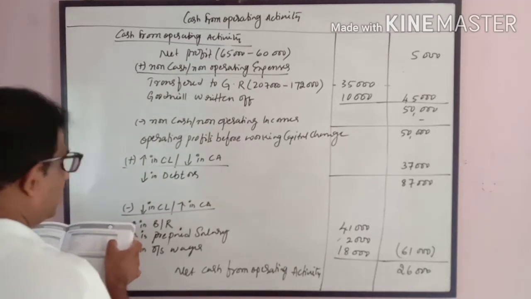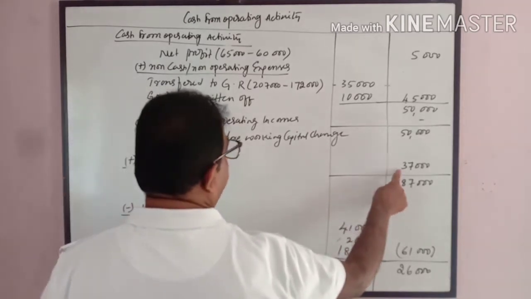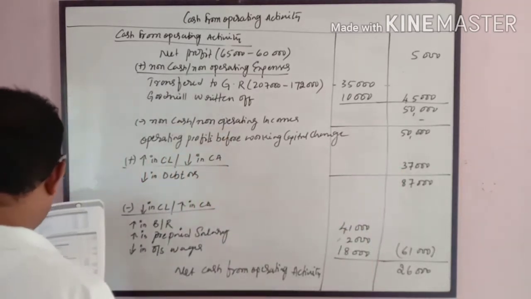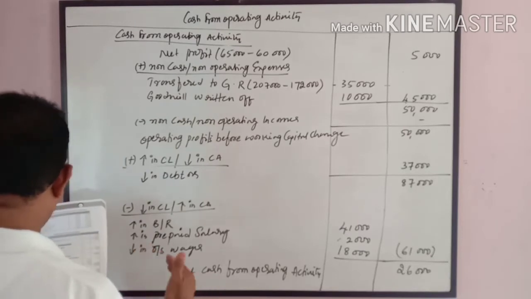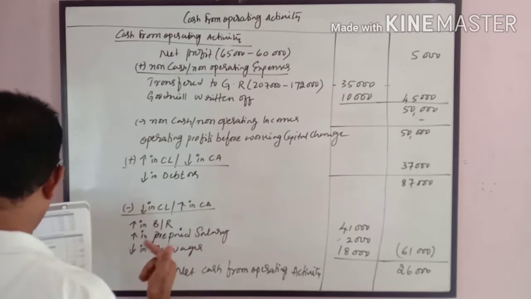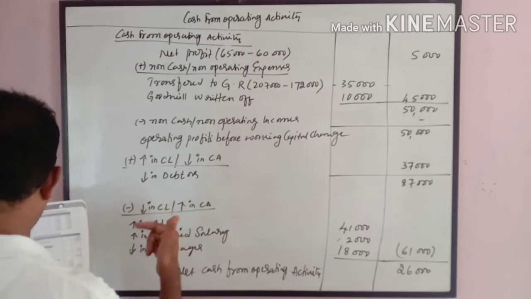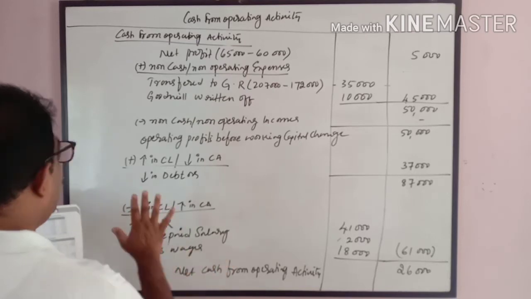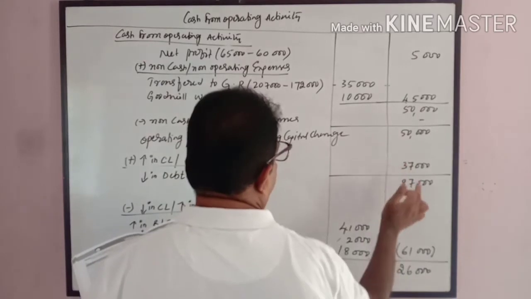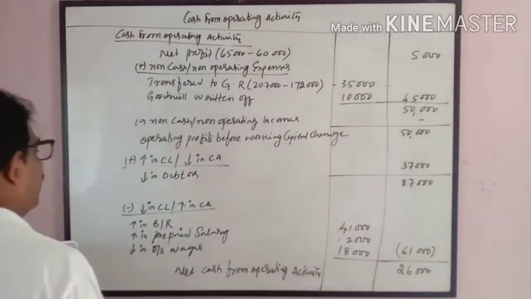It is decreased by 37,000, that means cash inflow. Then wages outstanding is decreased, that is current liability decreased, outflow of cash. Salaries prepaid increased, that is increase in current asset, outflow of cash. There is no other item apart from debtors. So 50 plus 37 comes to 87,000.